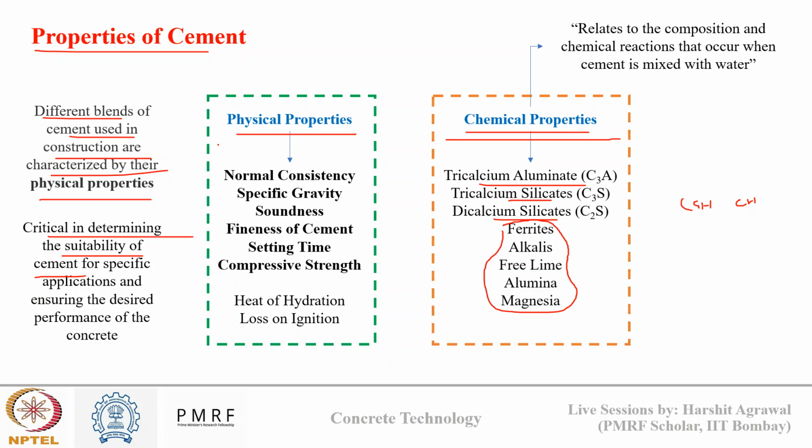Today we'll discuss normal consistency, specific gravity, soundness, fineness of cement, setting time, and compressive strength of cement paste. These are the physical properties that we are focusing on today.